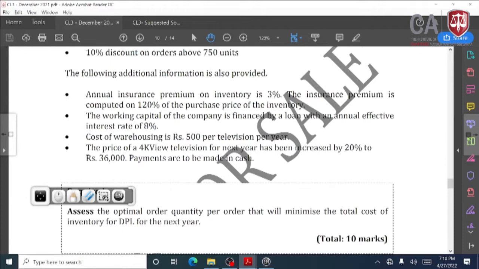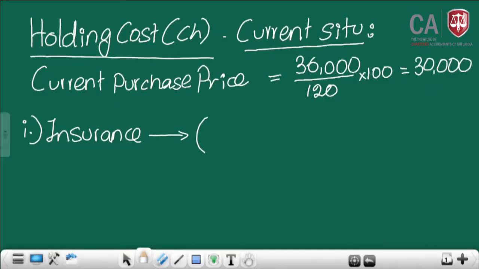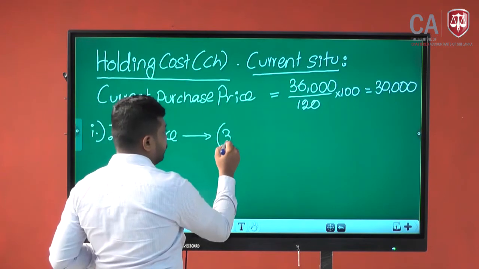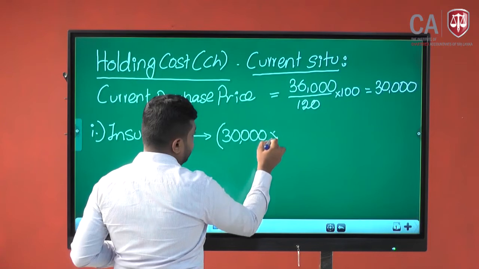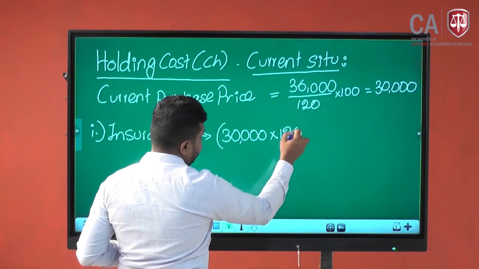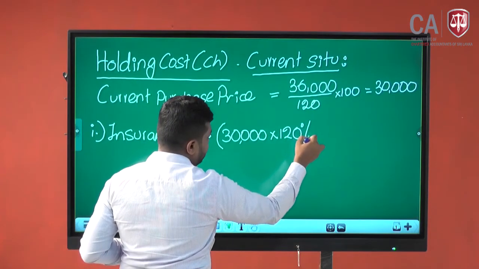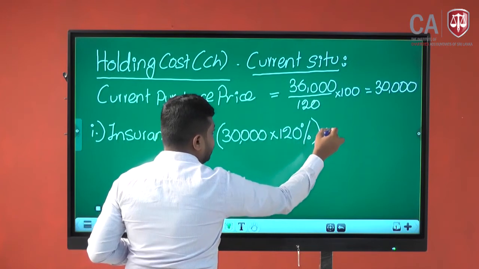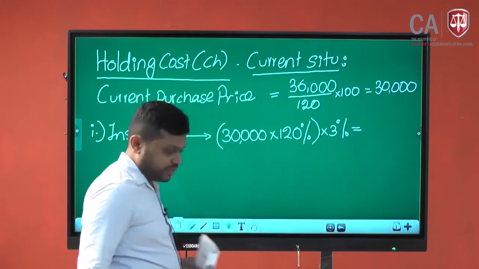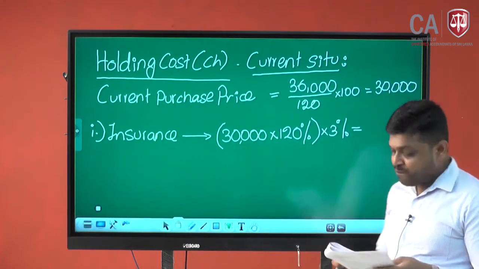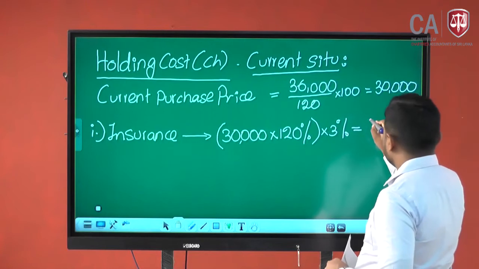You have to take 3% on what? The insurance premium is computed on 120% of the purchase price of the inventory. Currently, your purchase price is 30,000 into 120%, again it is 36,000. Out of that 120% value, you require 3%. The value is 1,080.